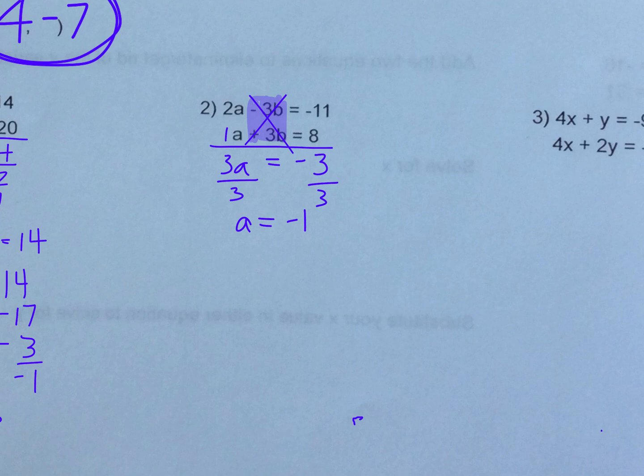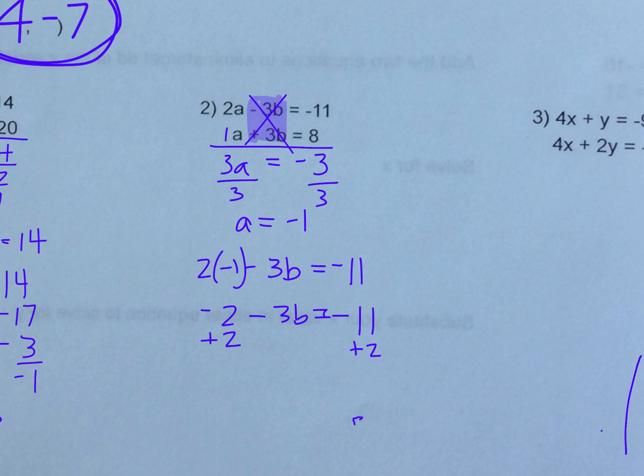Now I'm going to copy my first problem. 2a minus 3b equals negative 11. I'm going to erase that a. Instead of an a, I'm going to write negative 1. 2 times negative 1, negative 2 minus 3b equals negative 11. Alright, let's add 2.